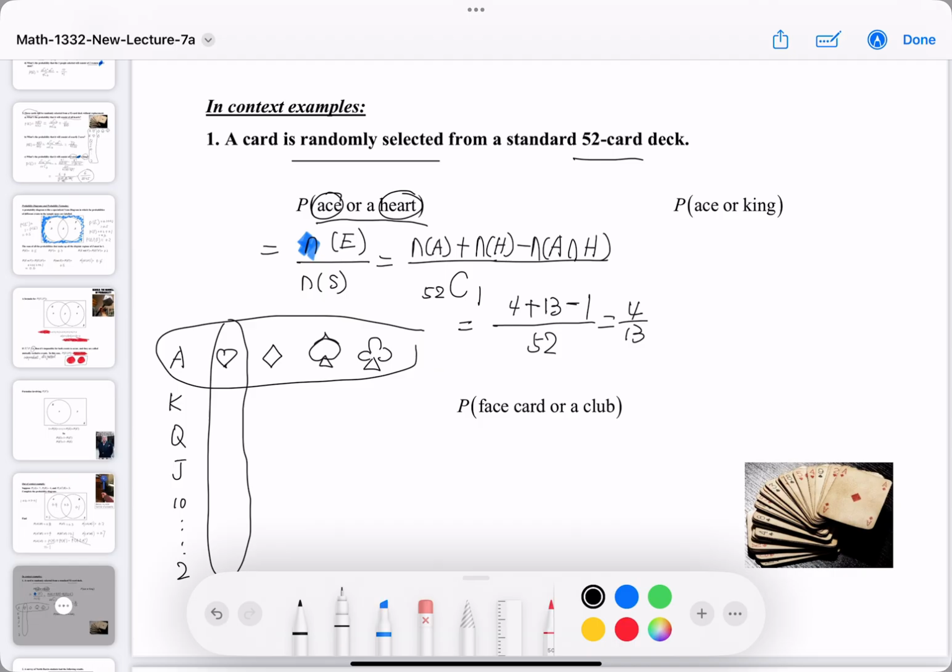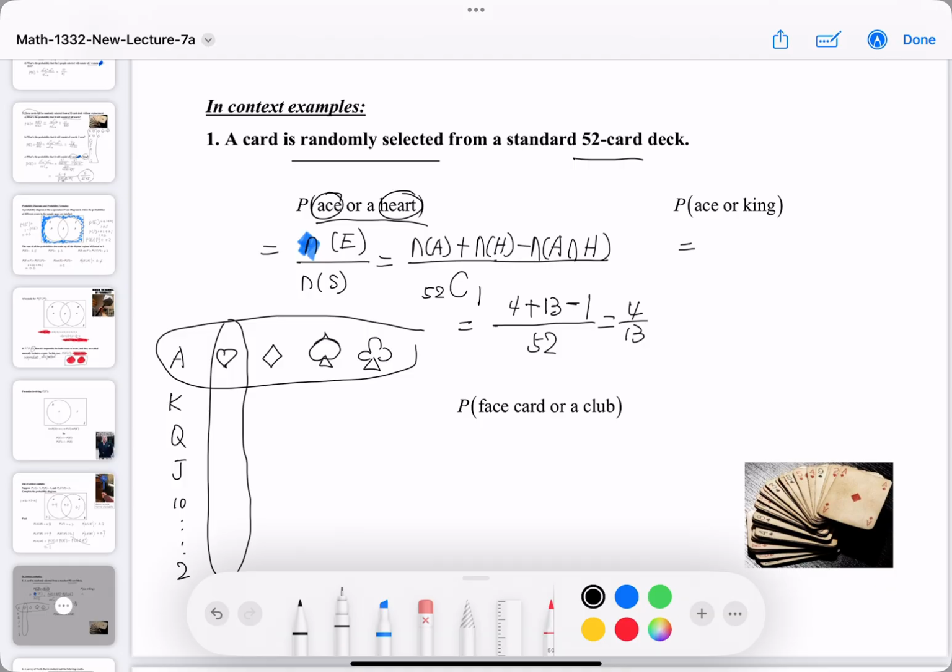Okay, and how about the next example? So some of you say, can I break this one down, and then not use the N of E divided by N of S? Of course, you can also use this formula.